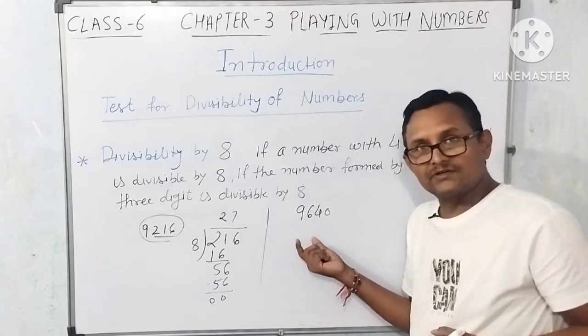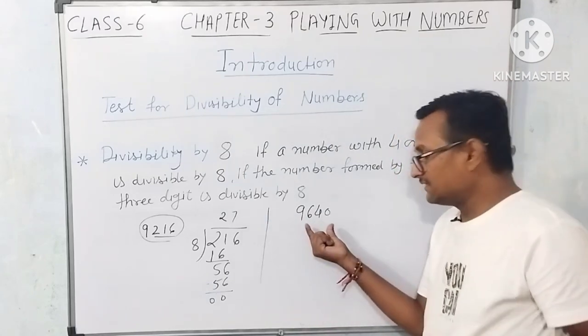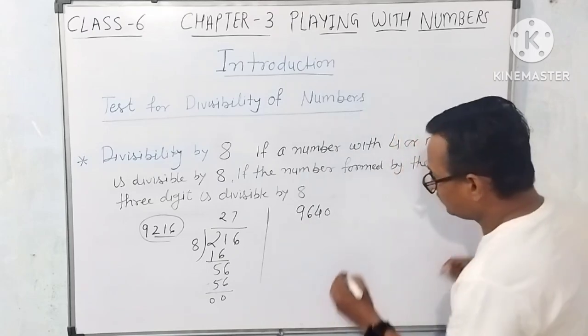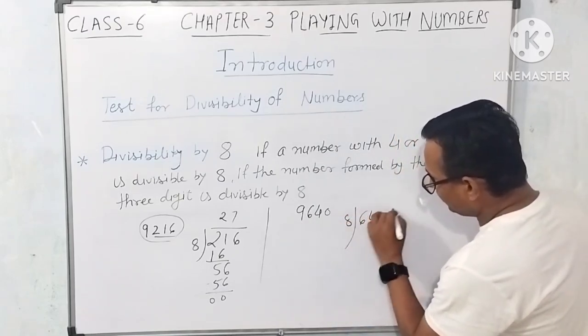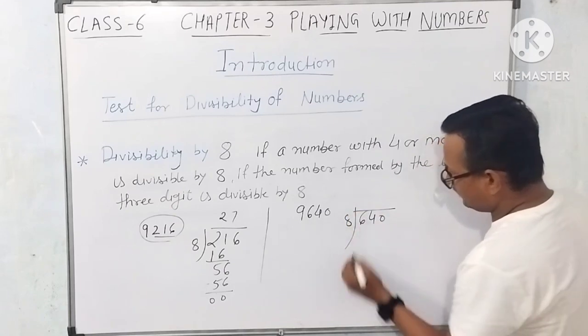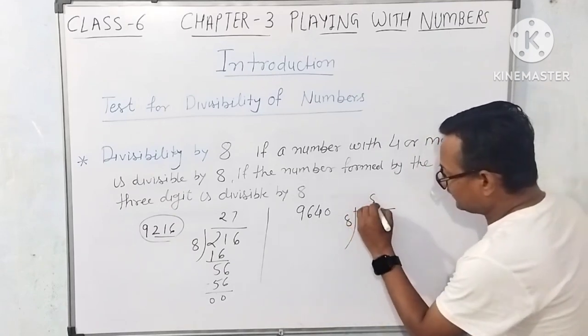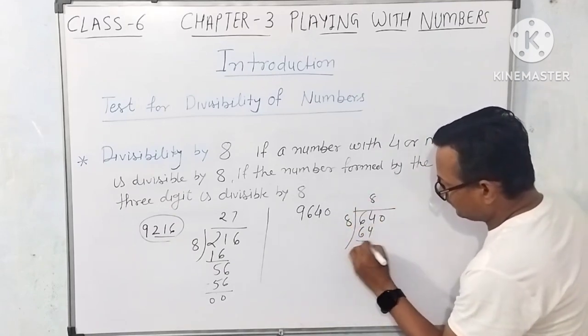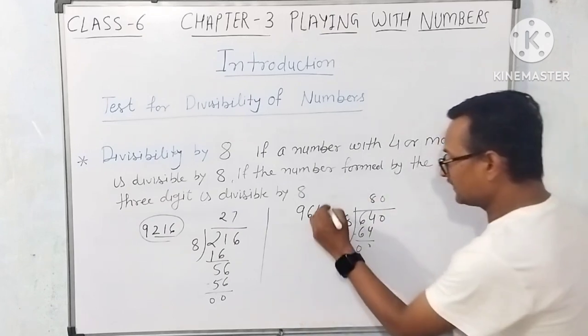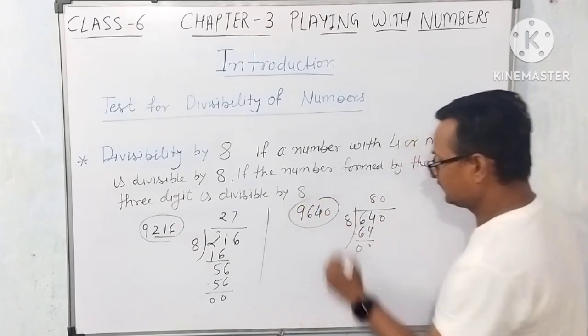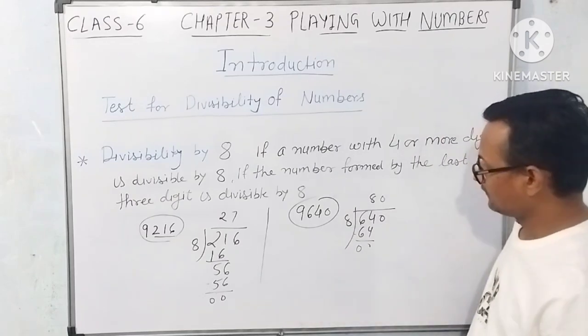So let's check whether the last 3 digits are divisible by 8. So 640 divided by 8. 8 times 8 is 64. So this number is also divisible by 8.